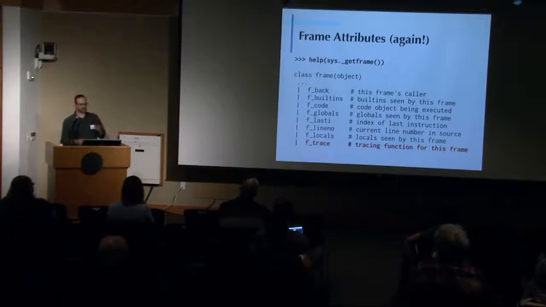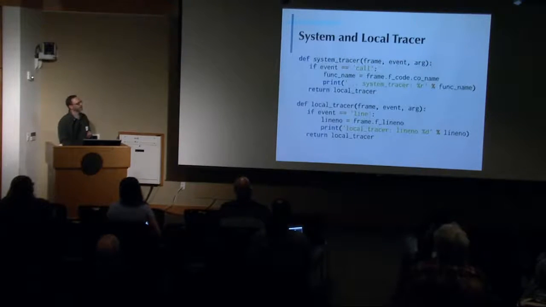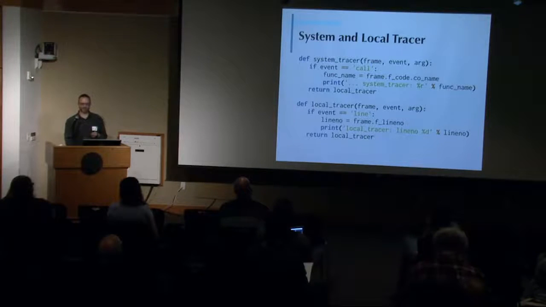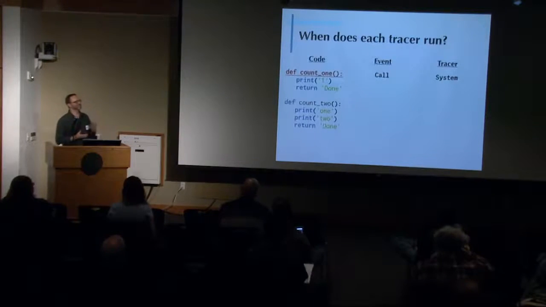So maybe an example of stepping through it might help. Here we've got two tracing functions: the system tracer and a local one. The return value for both is the local tracer. And here we have an example script where we're going to call two different functions. So when does each tracer run?